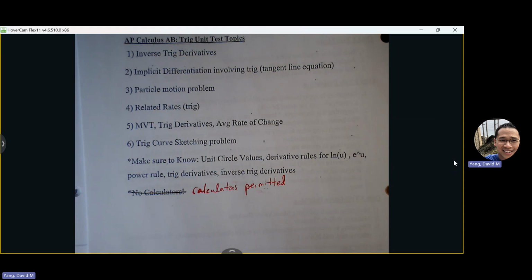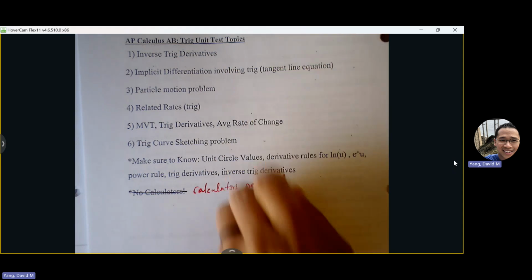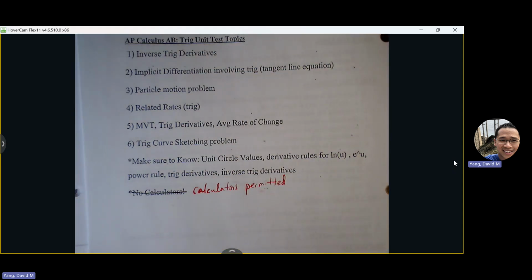You need to know those when we do our derivative rules quiz, but it's not going to be on the test. So these are the things we're working towards. We've gone through most everything, maybe except for the particle motion problem, but we have these 5 days to go through this test review. If we finish, I'll come up with some more problems for us to practice with.